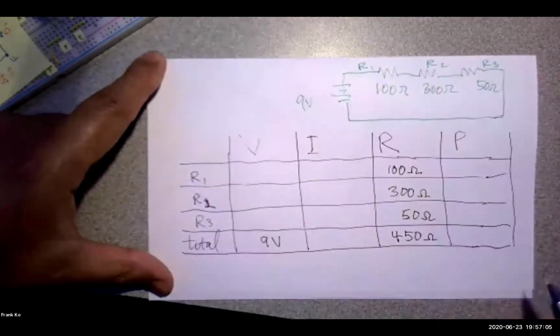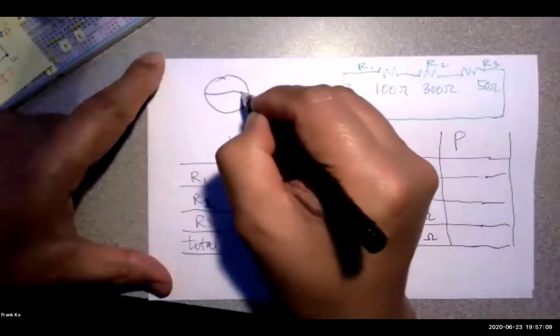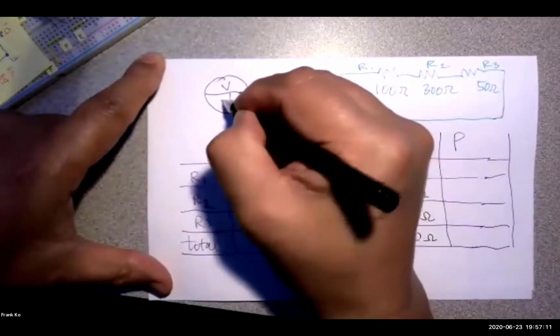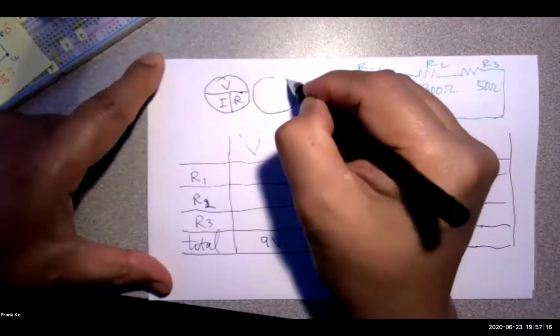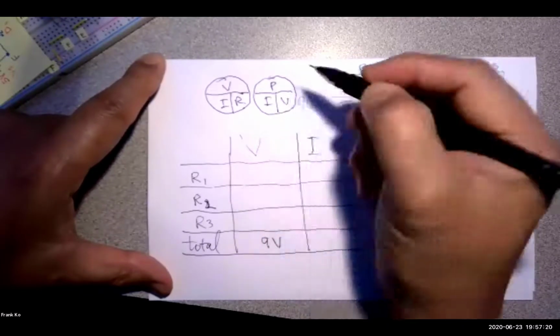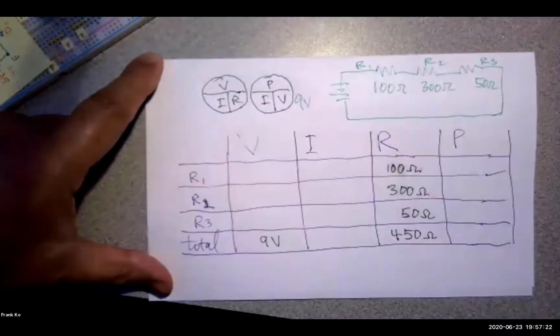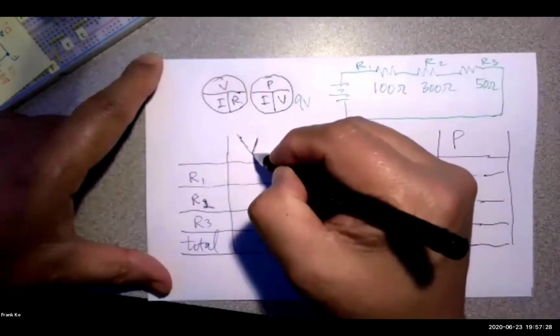What would be your next step? According to our friend Ohm's law, V, I, and R, and the only other formula we're going to use is the power pie chart, P, I, V. Those are the only ones we're really going to use for the bulk of our work. So what was hip about Ohm's law?